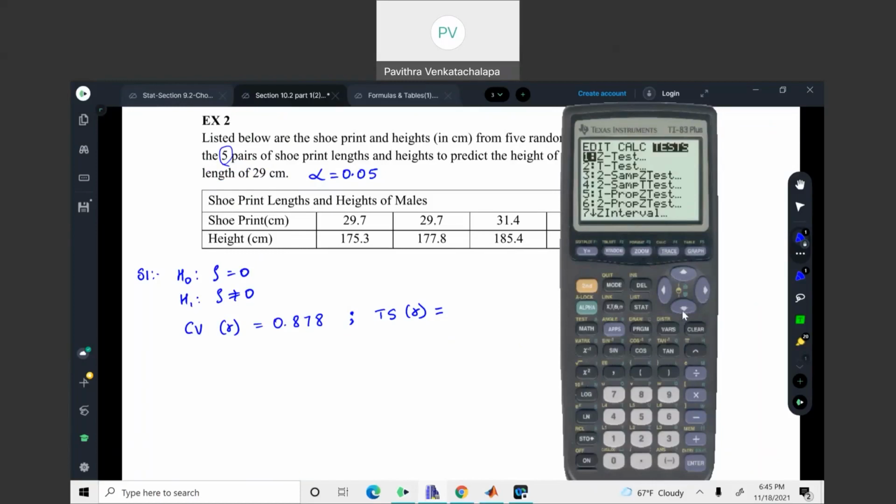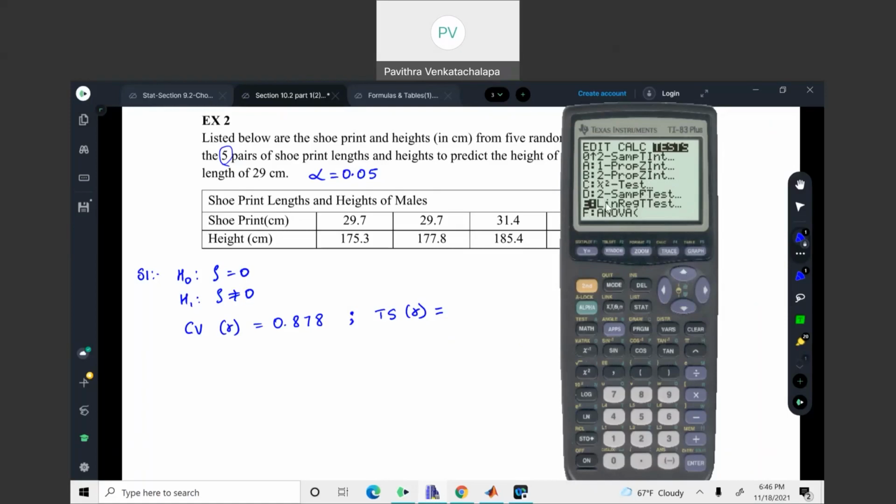Search for LinRegTTest, linear regression t-test. Here it is. This might be different on your calculator because mine is a TI-83 Plus.